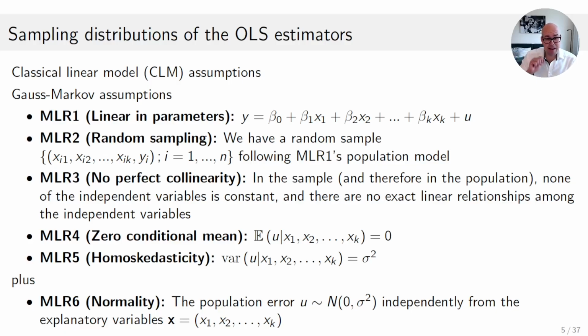What I'm adding now in this chapter here, or in this presentation here, is assumption number 6, and that is normality. So normality here means normality of the population error term, u, and we're going to assume that the u is normally distributed, and I already know what the variance is going to be. It's going to be that sigma square from the homoscedasticity assumption, and the mean is going to be 0.